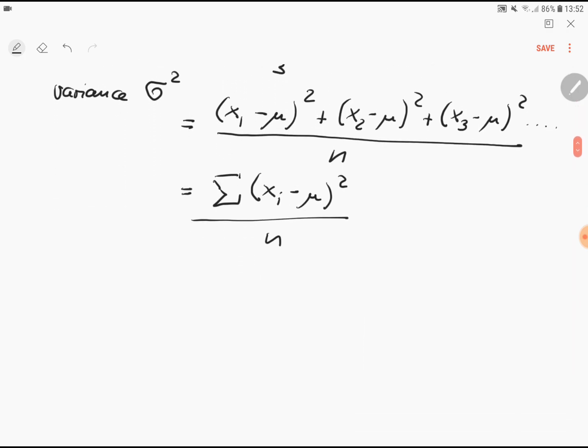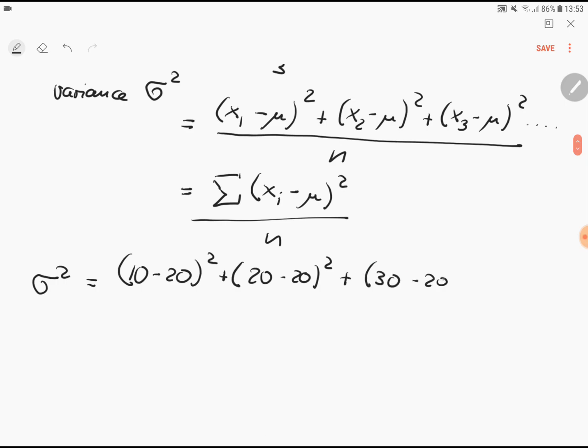So let's quickly calculate the variance for our specific population here. Sigma squared equals: x1 was 10, minus 20 squared, plus 20 minus 20 squared, plus 30 minus 20 squared, divided by 3 observations.